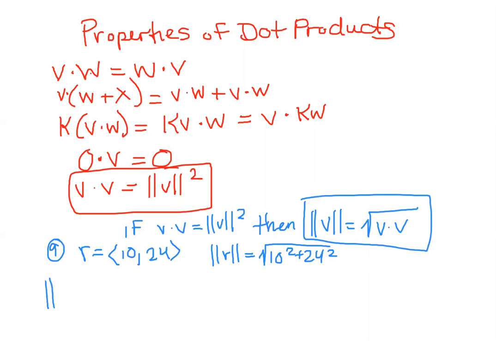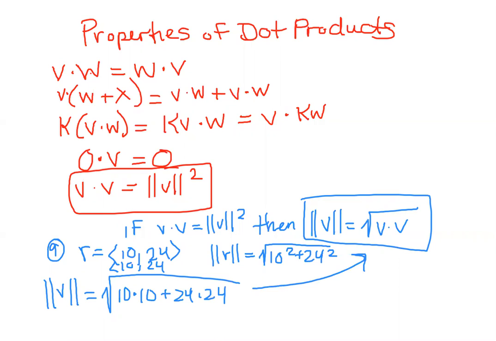So we're going to say the magnitude equals the square root of R dot R, the dot product of R with itself. So if we look at it like this, that's going to be 10 times 10 plus 24 times 24.